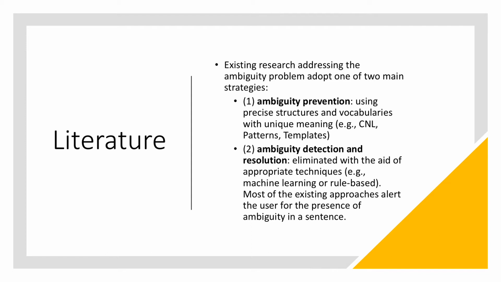And there are other approaches that focus on detecting and resolving the ambiguities. Our approach can be classified under the second strategy, where we try to detect and resolve the ambiguities without changing or forcing the user to write the requirements in a specific way or manner.